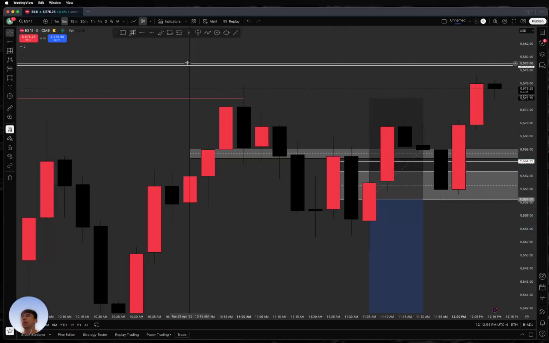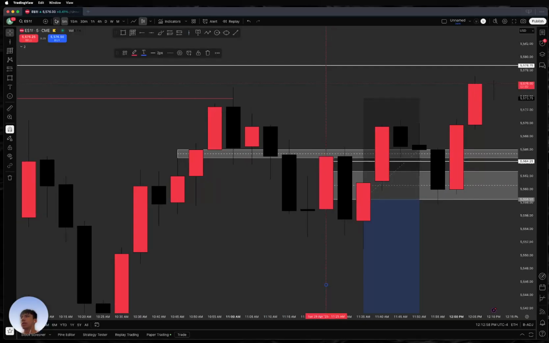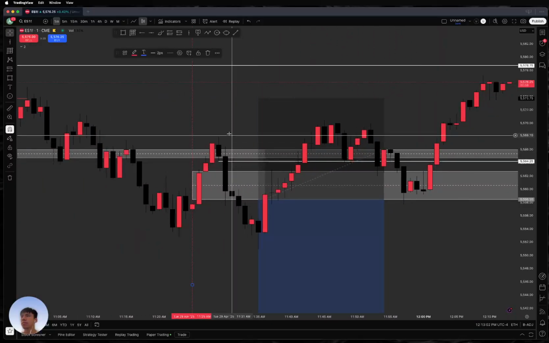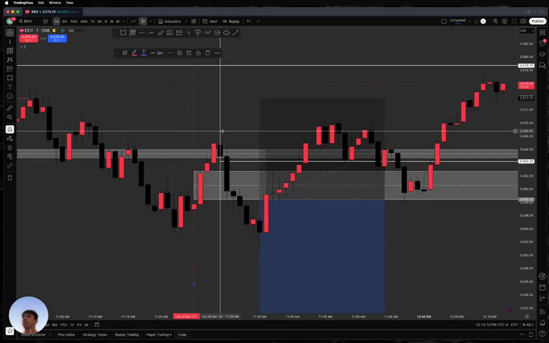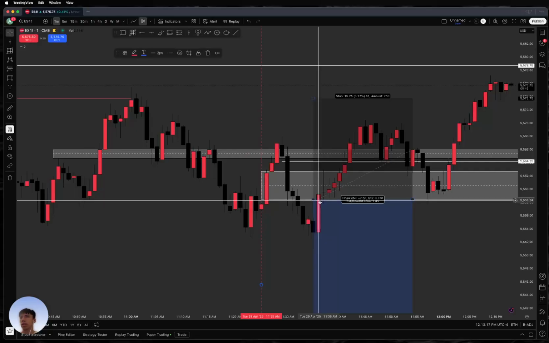And from here, I'm going to mark this out so I don't lose this spot, but from here I ended up scaling down to the 1 minute. So then we ended up making this fair value gap on the way up during that equilibrium retracement, and now we can come down and inverse this, and this is where I entered.